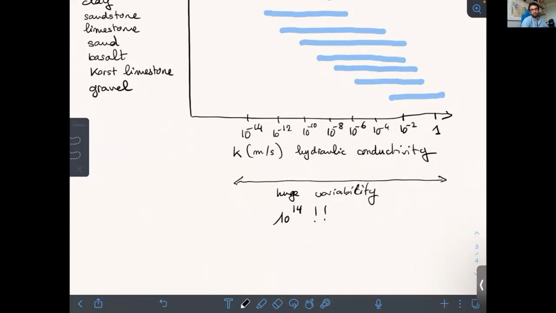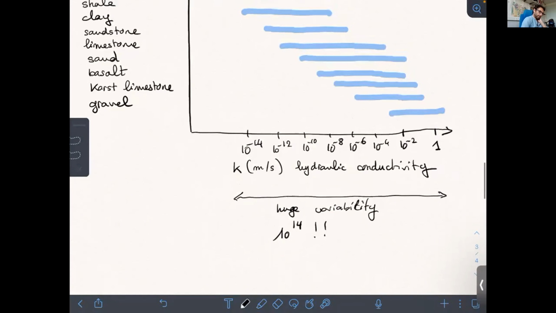So it's incredibly variable. If you compare this to porosity, for example, you have seen porosity goes from a few percent to let's say 50%. So it's just a factor 10. Here we have a factor 10 to the 14. So it's really important to think about this.